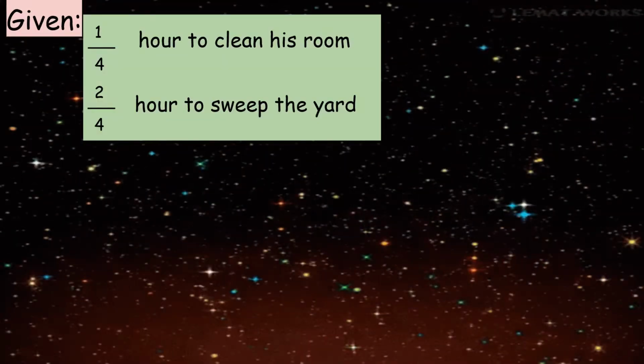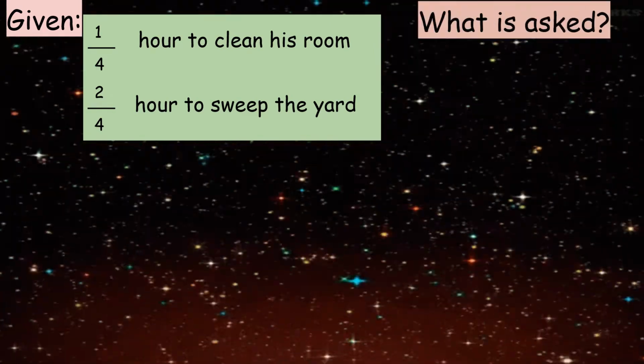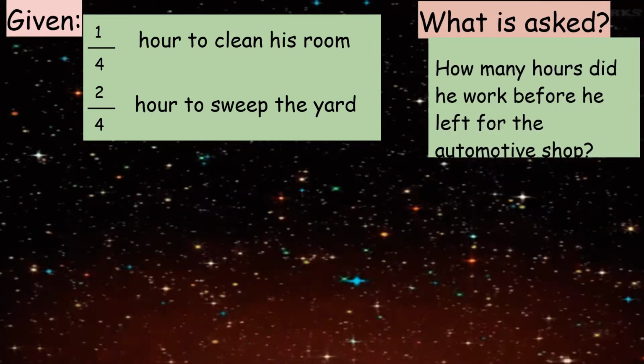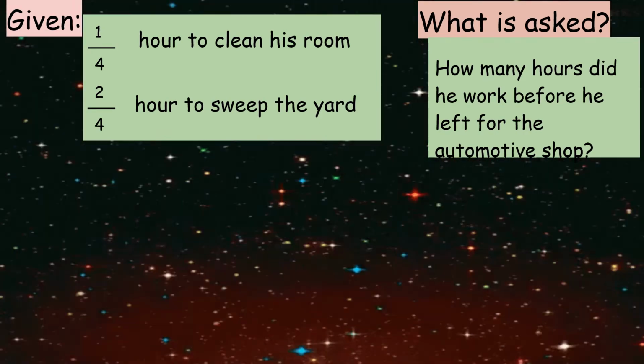The given, we have 1/4 hour to clean his room and 2/4 hour to sweep the yard. So what is asked? How many hours did Tatay work before he left for the automotive shop? So we are asking for the total hours he worked.